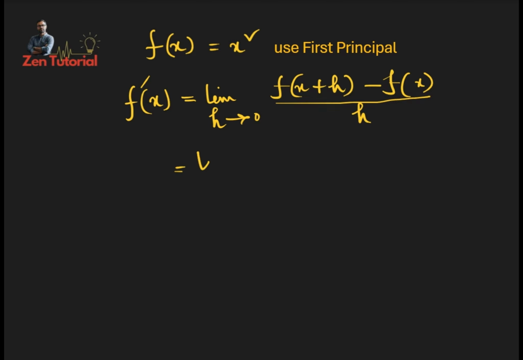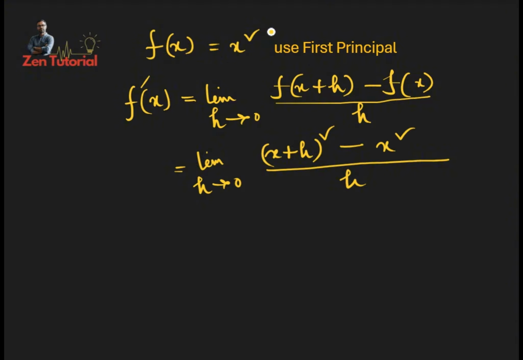Now the limit as h tends to 0 over h, and what is f of x plus h? f of x is equal to x square, so instead of x, we have to plug in the value of x plus h. So x plus h whole square, and f of x is equal to x square.